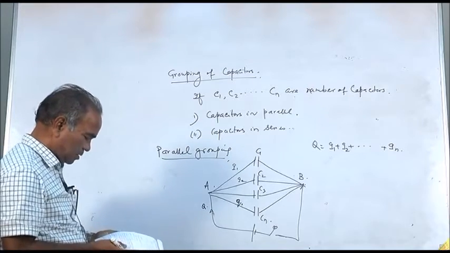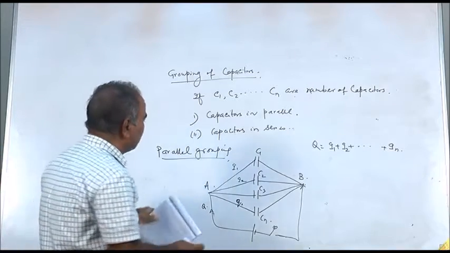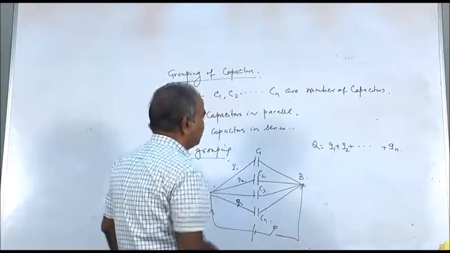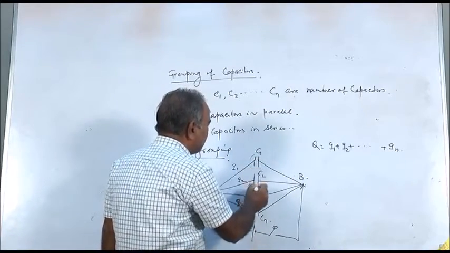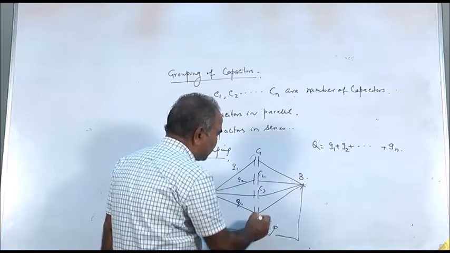And here the potential between the two points is the same. That means the potential here is the same as the potential here, same as the potential here.